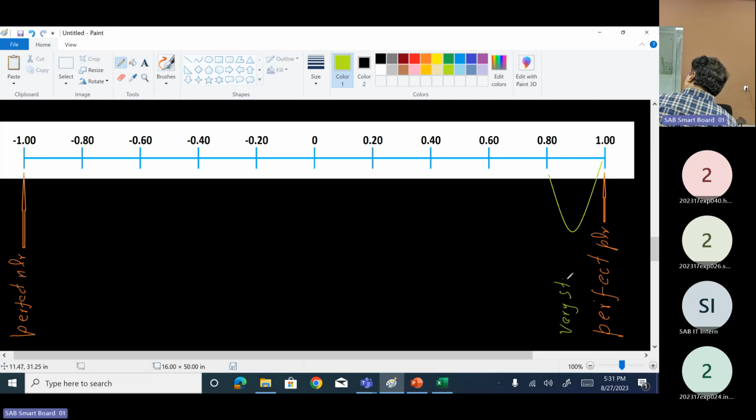Very strong positive linear relationship, PLR. So similarly, this side also, from minus 0.99 to minus 0.8, inner to border.